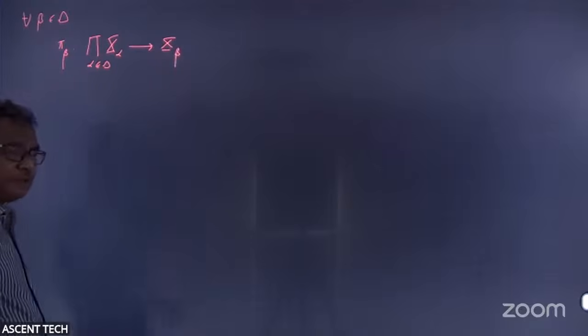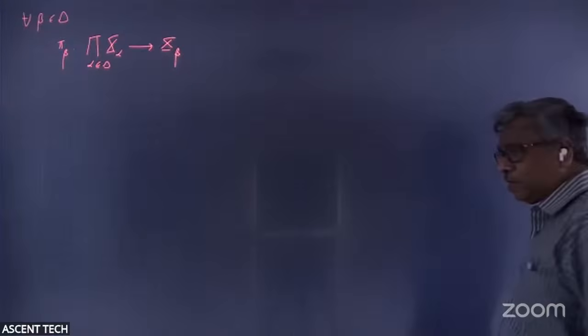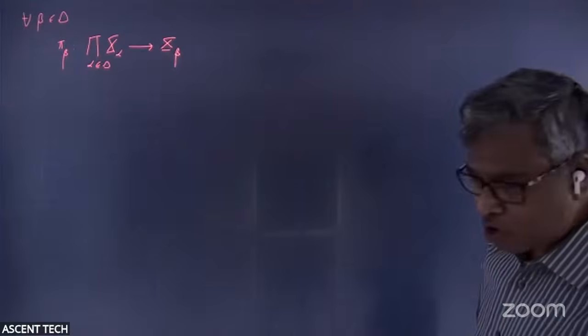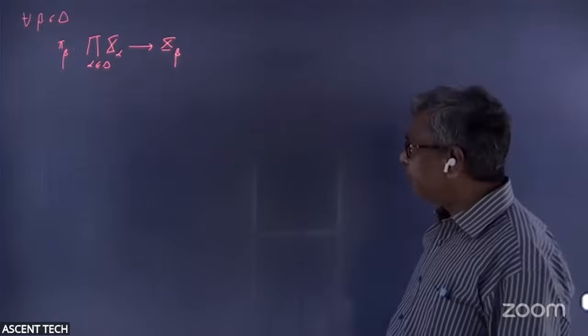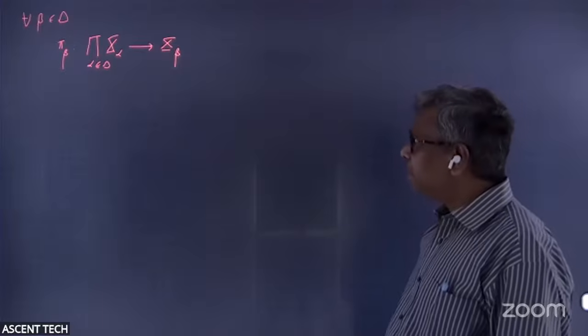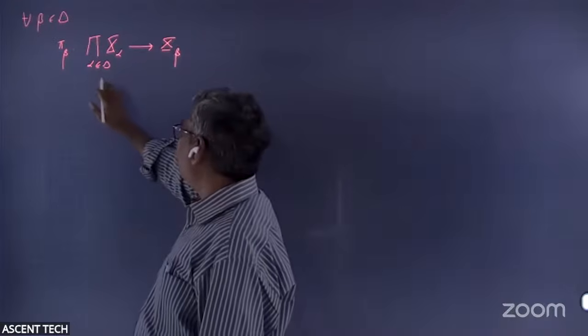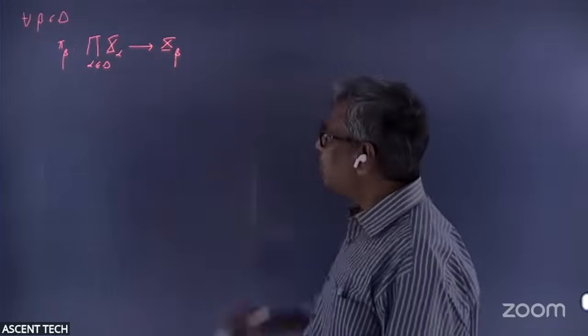Maybe it would have been easy if I just took n topological spaces, and so on, but I think you understand what I'm doing anyway. I'm projecting a delta-tuple onto one of its components. That's why this is called a projection map.